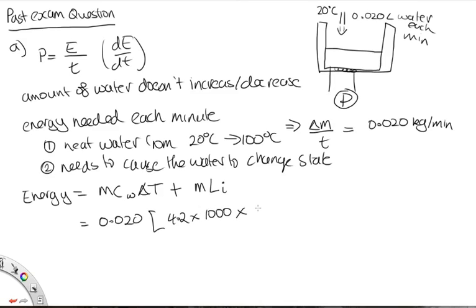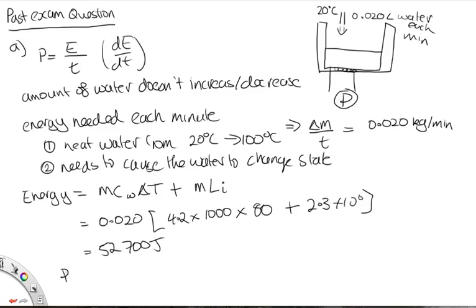The change in temperature is 80 degrees, from 20 to 100 degrees. Plus the mass of water changing state, 0.020, times the latent heat of vaporization of water, which is 2.3 times 10 to the 6. Solving this on the calculator, we get 52,700 joules needed each minute.